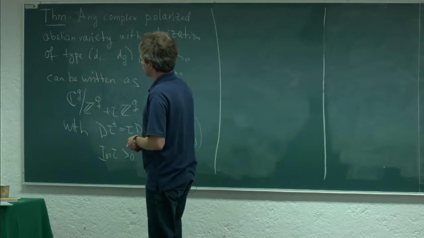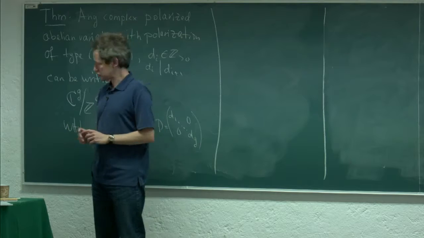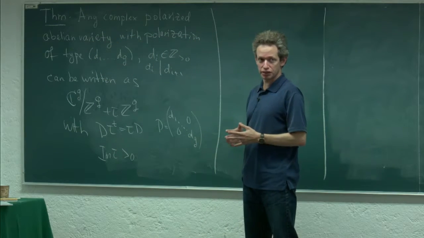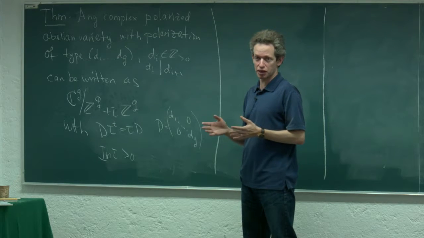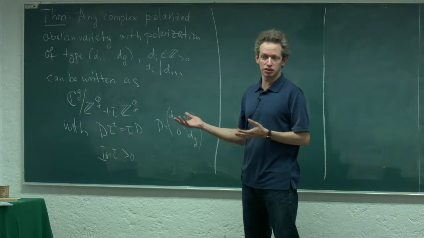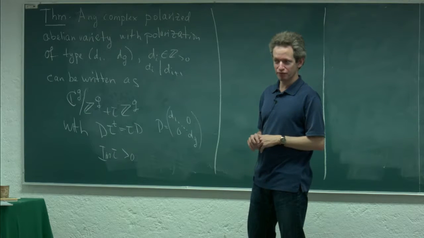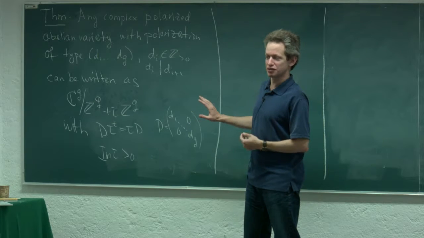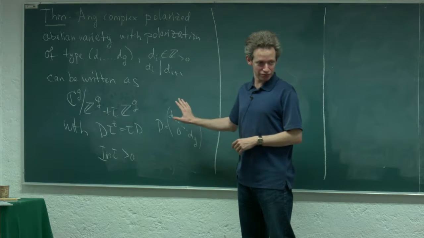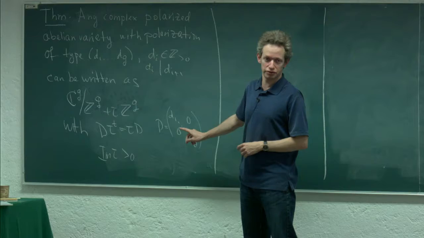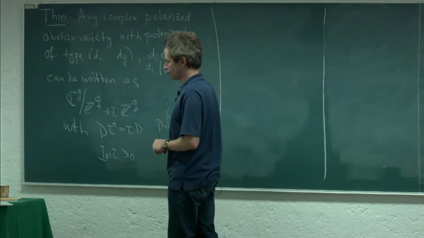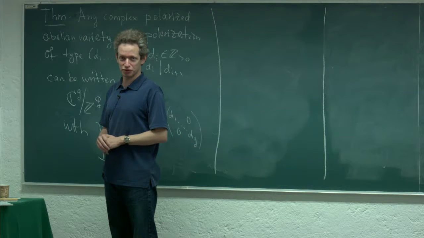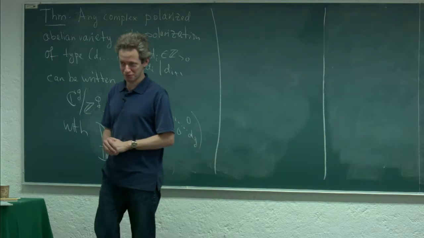Any polarized abelian variety is isogenous, which means it admits a finite map onto a principally polarized abelian variety. So this is just to make sure that what I said wrongly last time is now unsaid and said correctly. I still have not given you a proof, and I will not.